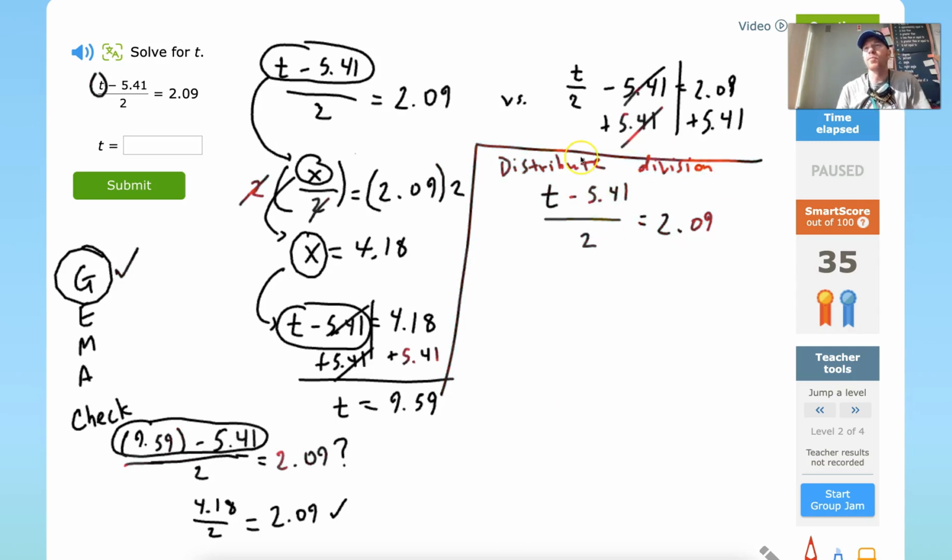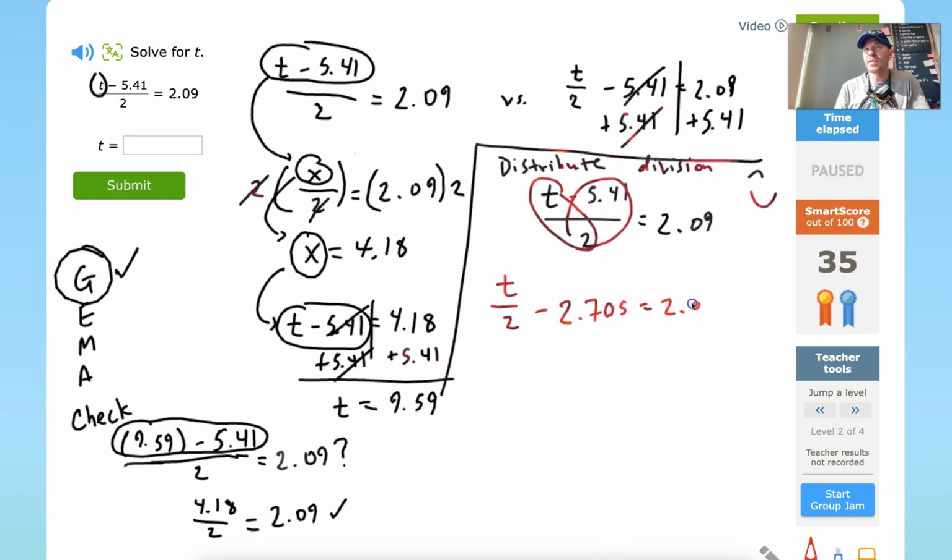So what happens here, where when you distribute multiplication, I call that the wink and smile. You know, you got a number times parentheses, and we do the wink and smile. This one I call the pretzel heart. So you could do t divided by 2, and then you could also do 5.41 divided by 2, which comes out to 2.705.